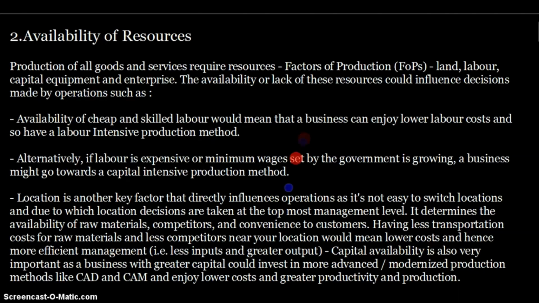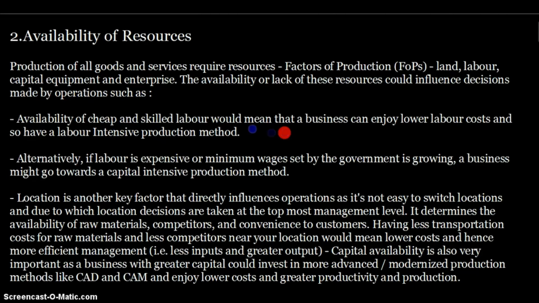All these points that I've written down are just to explain what sort of influence the availability of resources has. For example, if you take one of the factors of production, let's say labor, and cheap and skilled labor is available, that means you will have lower labor costs, and you'll also be able to produce much more effective and higher quality products due to skilled labor. So you'll have lower costs and greater profits.